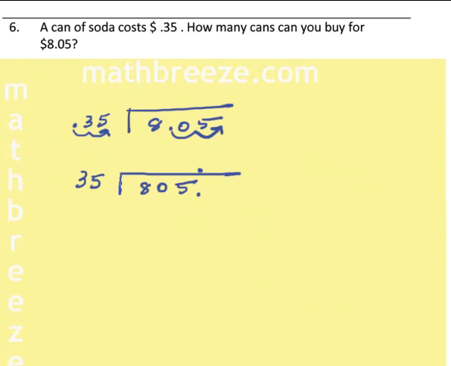Okay, 35 into 80, that's 2 times. 2 times 35, that's 70. And let's bring down the 5. 35 into 105, let's say 3 times. All right, 9 and 1 is 10, so we have an exact division.